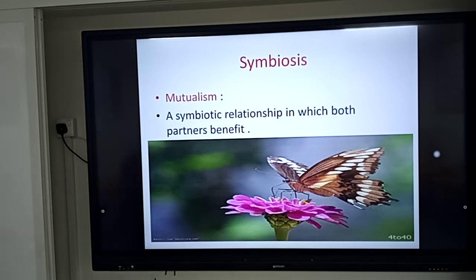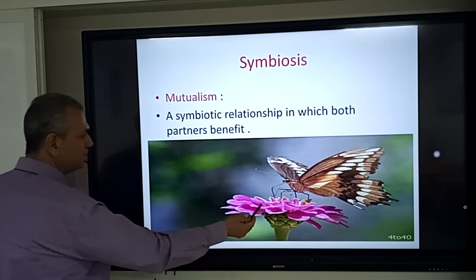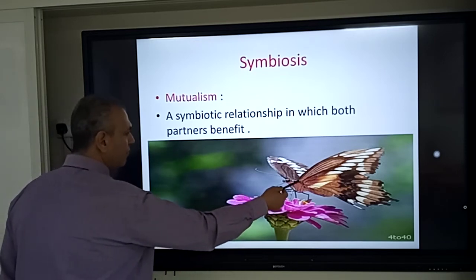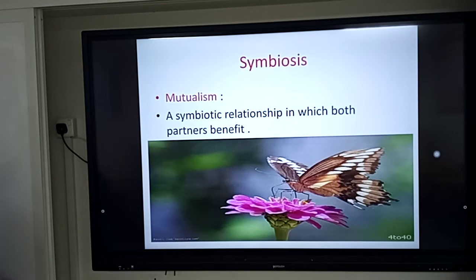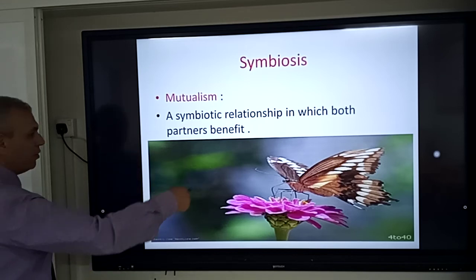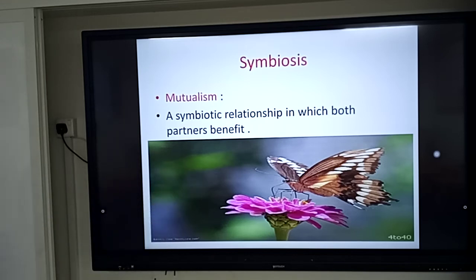For example, if you look here, the butterfly gets nectar from the flower, and the flower is getting pollinated by the butterfly. So each one of the species gets benefit from this relationship. Okay? Both organisms get benefit.